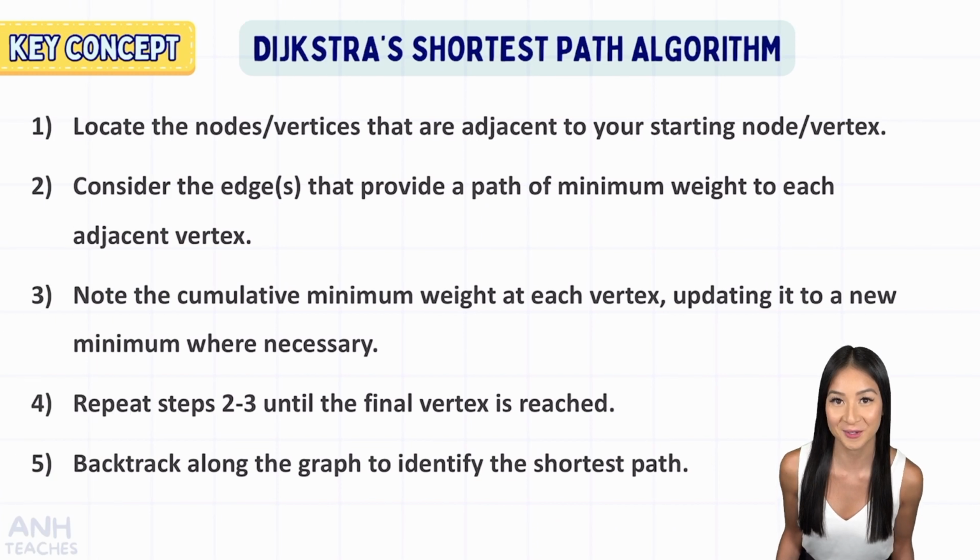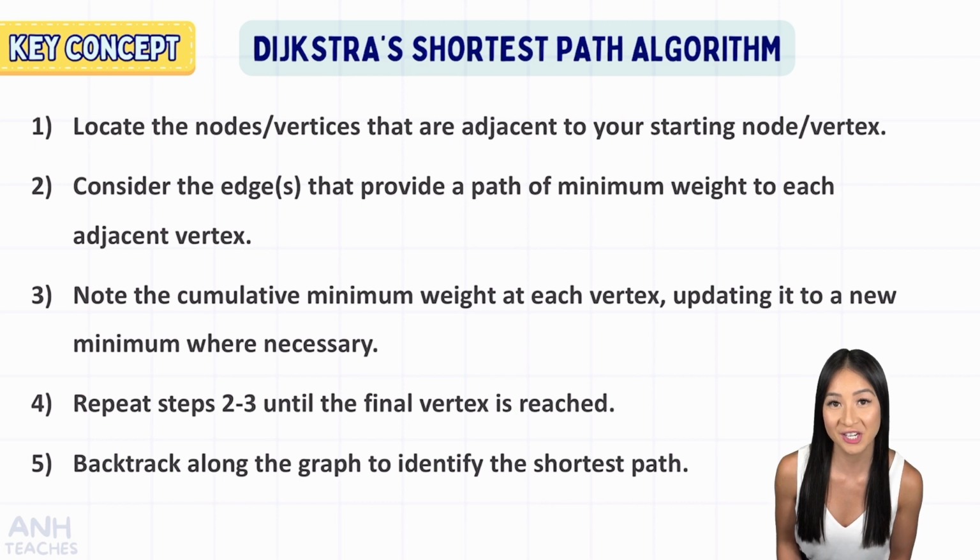So for the purpose of this course, I have condensed the steps down to these 5 on the screen here. The first step is to locate the nodes or vertices that are adjacent to your starting node or vertex. The second step is to consider the path that will provide you with a minimum weight to get you from the starting vertex to each adjacent vertex.